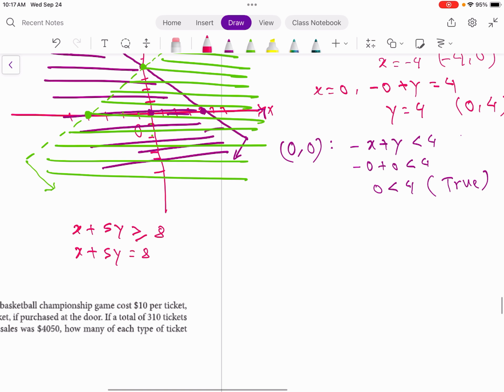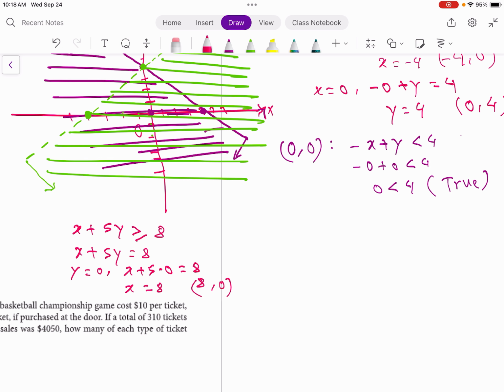Now let's find x-intercept and y-intercept. So you replace y by 0. So we get x plus 5 times 0 equals to 8, x equals to 8. So 8, 0 is 1 point. Now let's find y-intercept.